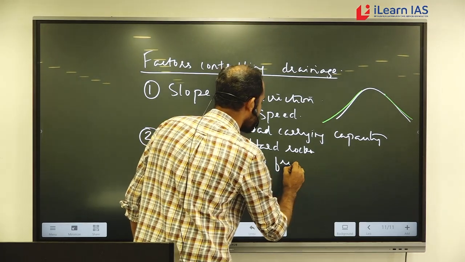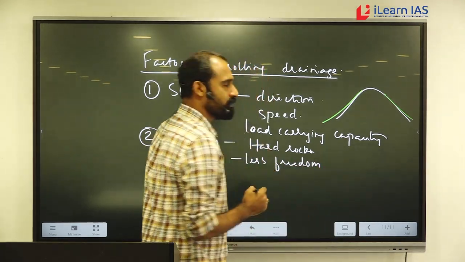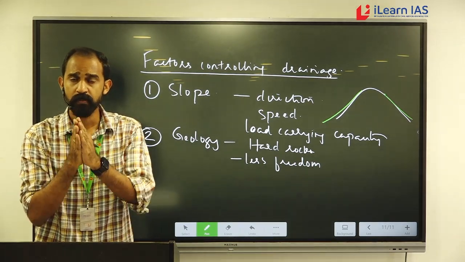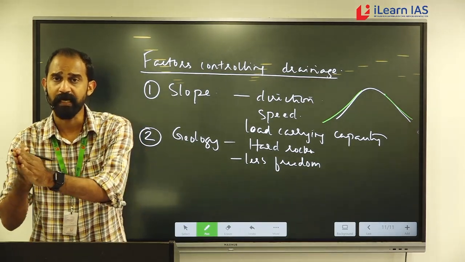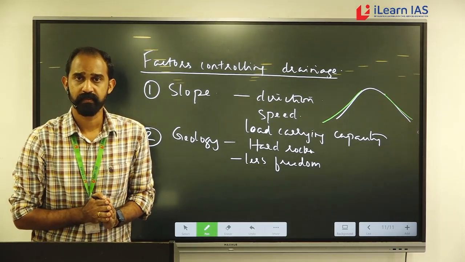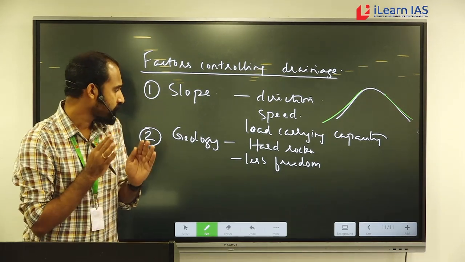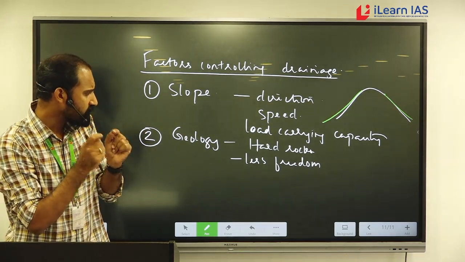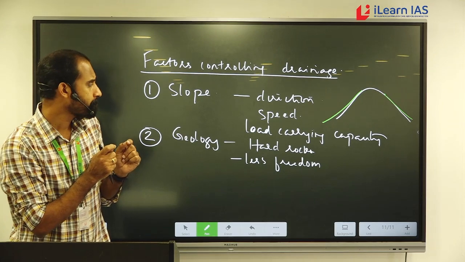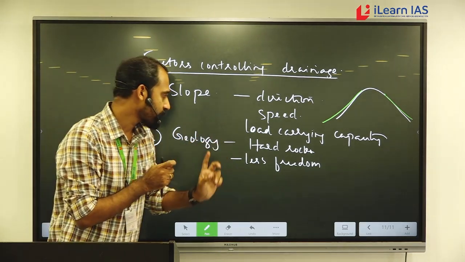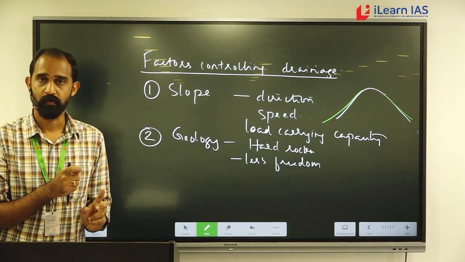Less freedom for the river to choose the path. It will be forced to identify the areas of weak rock and flow through that area. So there is a lot of restriction for the river if it's flowing through the hard rock region.